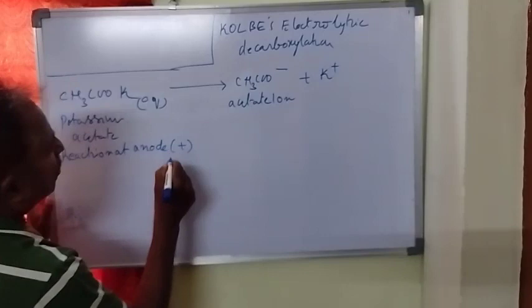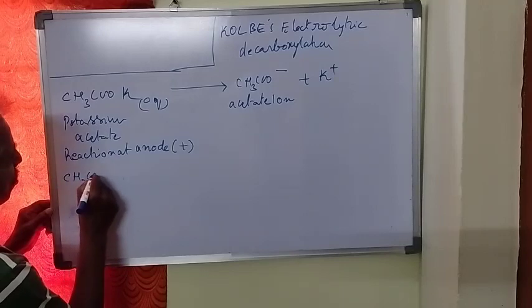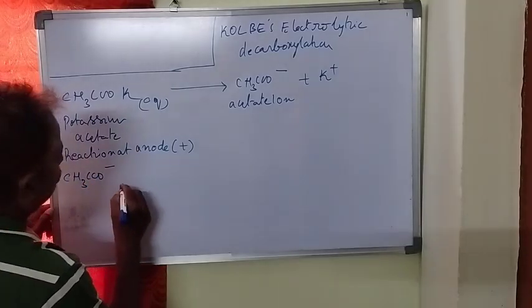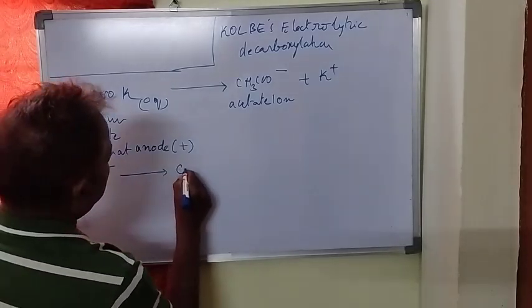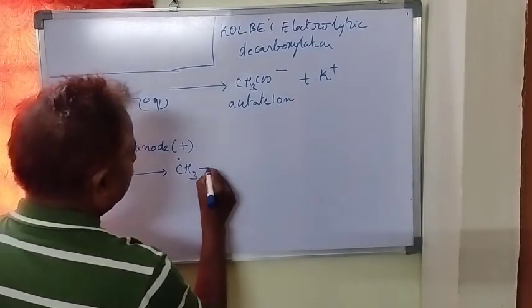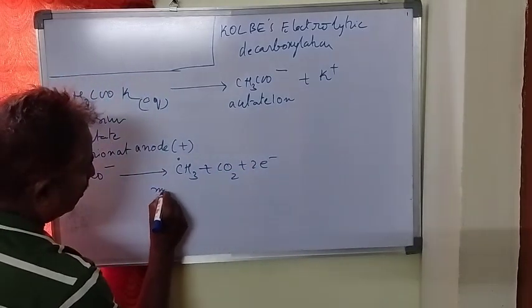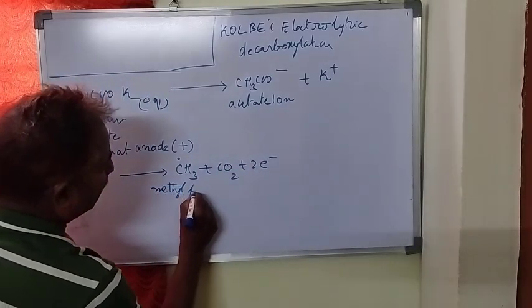Anode means plus. So the positively charged electrode attracts the anions. So here acetate ions reach the anode, and of course here gives CH3, this is a methyl free radical, plus CO2, plus 2 electrons are released. This is a methyl free radical.